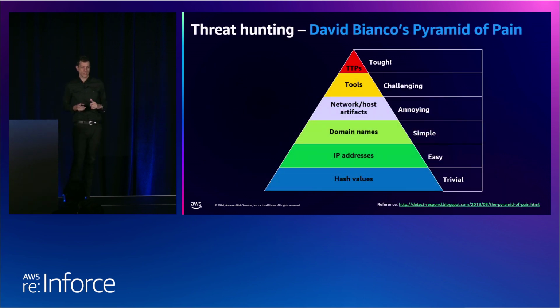Okay, so this brings us to what's called the pyramid of pain. It's a visual representation of the different types of concerns that we may have and their ever-growing complexity to detect and defend against in our organizations. Searching for individual indicators like hash values, IP addresses, and domain names is a pretty simple and easy activity by itself. But at the other end of the scale, things get a lot more complicated.